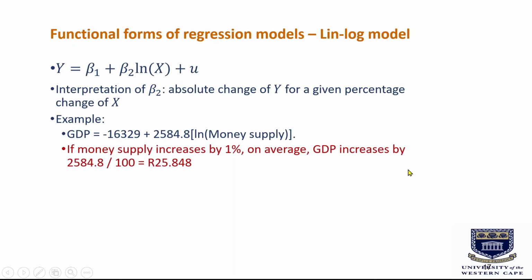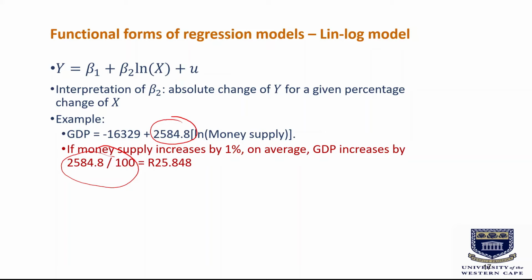And here again, you have to transform the estimated coefficient to have the correct interpretation. You have to, in fact, divide it by 100, right? So the way to interpret this is that for a 1% increase in money supply, GDP increases by 25 rands, okay?